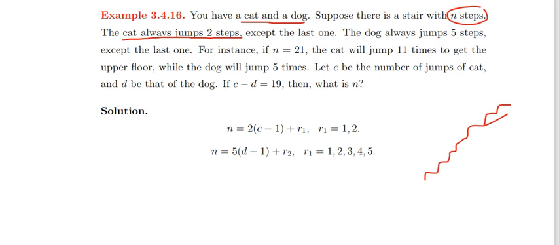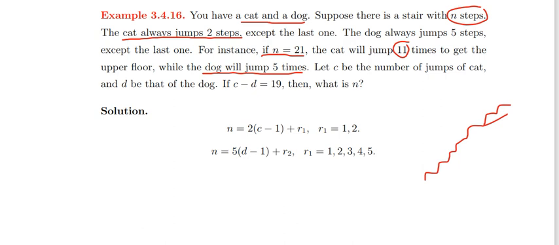For example, if n equals 21, the cat will jump 11 jumps, just 10 plus 1, right? The dog will jump 4 times 5, which is 20, then there is still 1 step, so the dog needs 1 more.